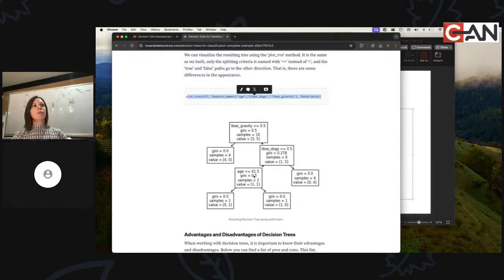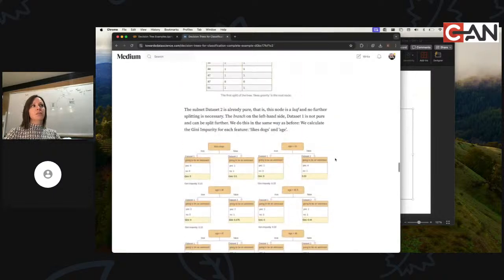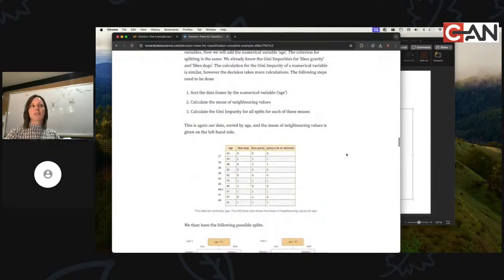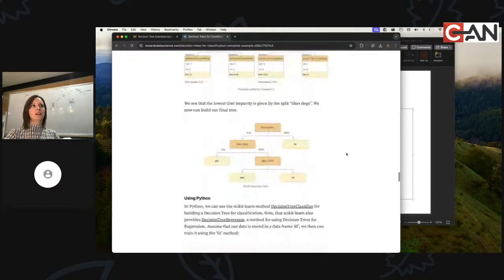So when you are calculating the Gini impurity here, when we're saying, what's the Gini impurity of age less than or equal to 41.5, we are not actually comparing to this entire data set. When we're running our Gini impurity calculations, we're not running those on the entire data set.